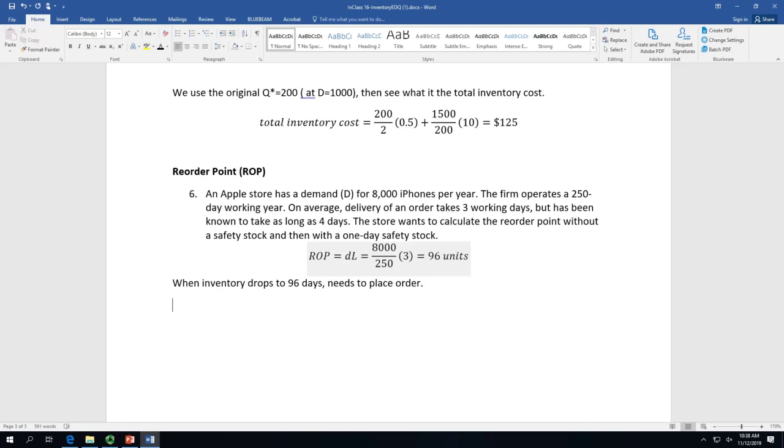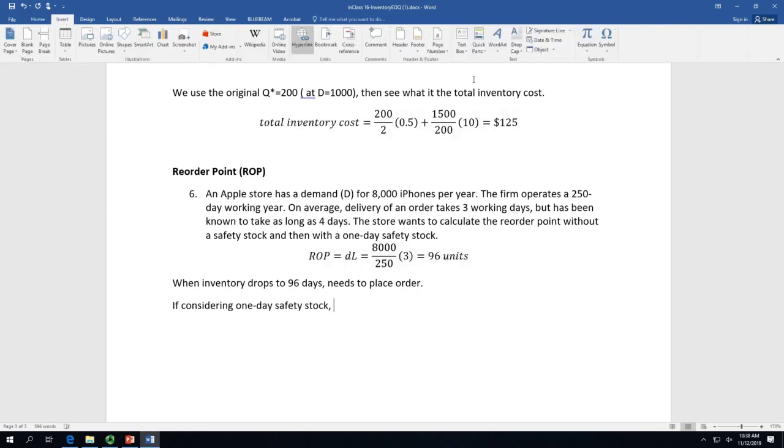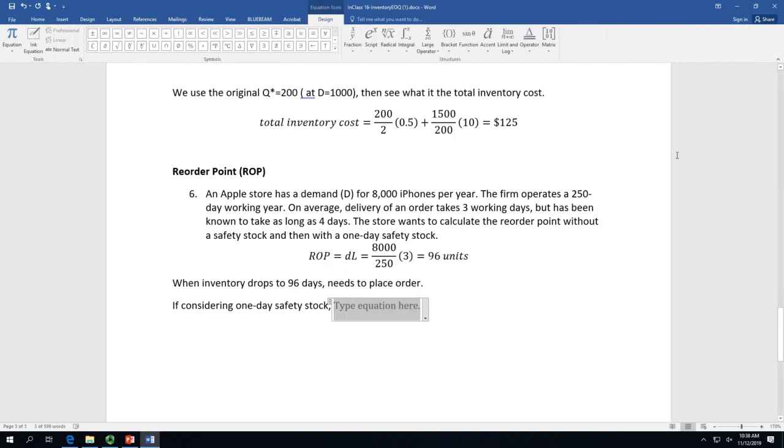Okay, the next one is considering a 1 day safety stock level. The reorder point is still D times L, but this L should be 4.